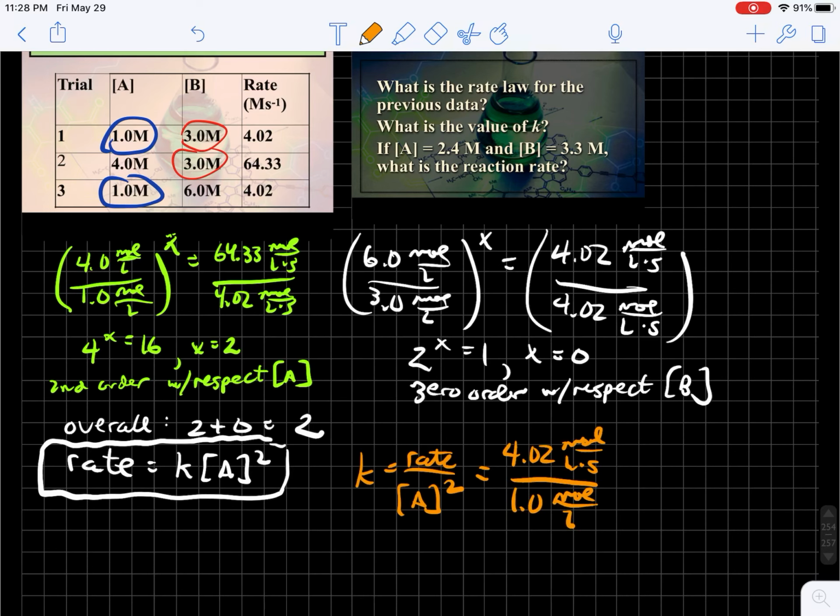Again, remember I said you flip the liters and the moles and subtract 1. So we've got to square this. If we work out the fractions, we get 4.02 liters per mole second. Take the overall order, subtract 1, flip the moles and the liters. All right, so there's our value of K.